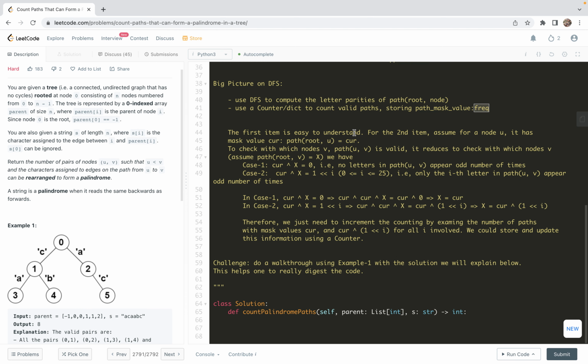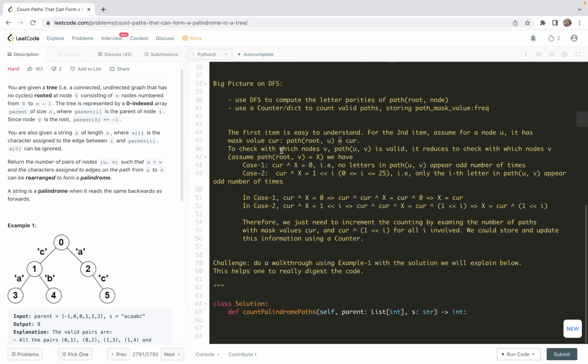So here, the first item is easy to understand, right? Because depth-first search or breadth-first search is a typical graph traversal algorithm. And for the second item, basically assume that we have a node U. It has mask value current. In other words, the path from root to U, this is the mask value. So here equal means in the sense of counting parities.